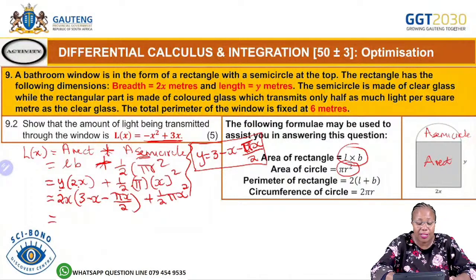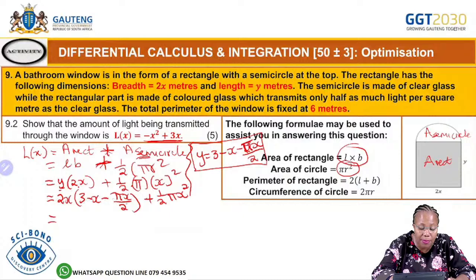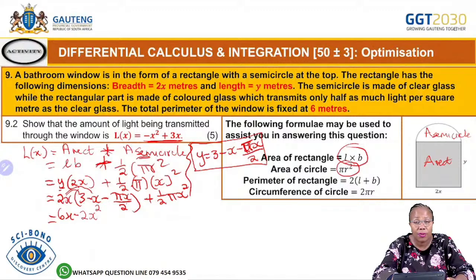Continuing now, we are multiplying this 2x into each term there. So it will be 2x times 3, that is 6x. 2x times minus x, that is minus 2x squared, right?